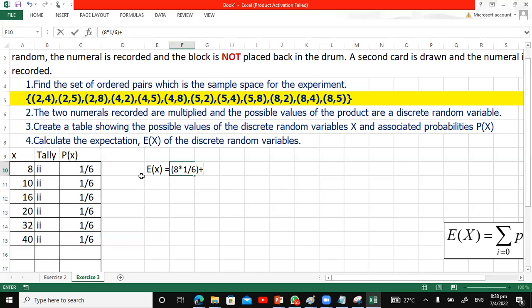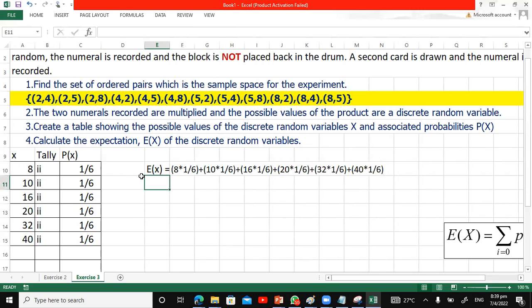Plus 10 times 1 over 6, plus 16 times 1 over 6, plus 20 times 1 over 6, plus 32 times 1 over 6, plus 40 times 1 over 6.